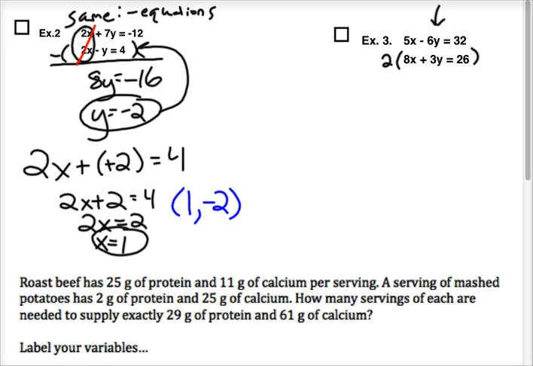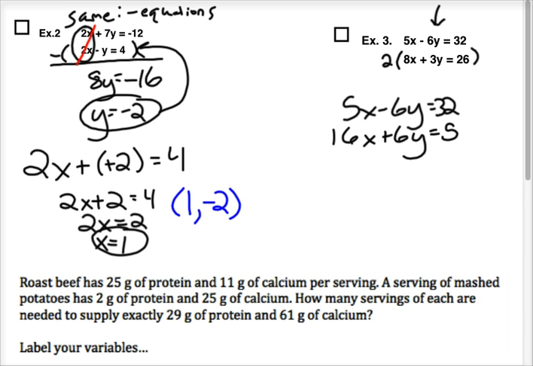I'm just going to rewrite the top equation. Now, if I multiply the bottom equation by 2, notice what happens. Now I have that relationship I'm looking for in my y's.